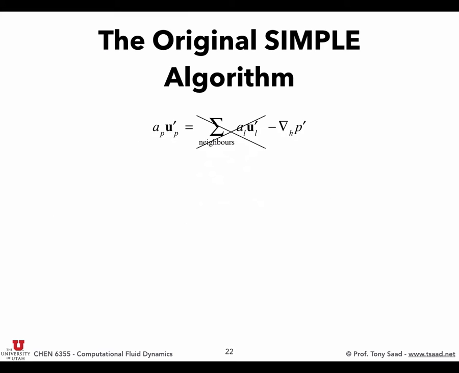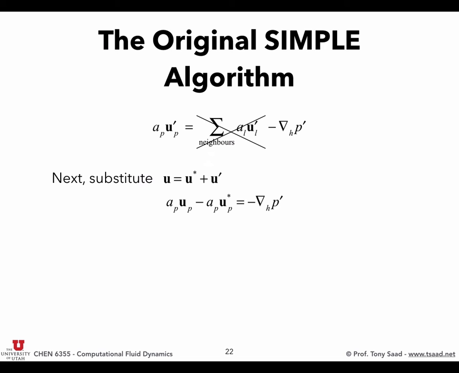So we still have a problem. We want to solve for both u prime and p prime, but we have one equation. So we need to eliminate u prime somehow. Next, we substitute u equal u star plus u prime. That tells us that we take u and put it up here. So we get AP UP minus AP U star equal minus grad P prime. Now remember, we haven't used mass conservation.